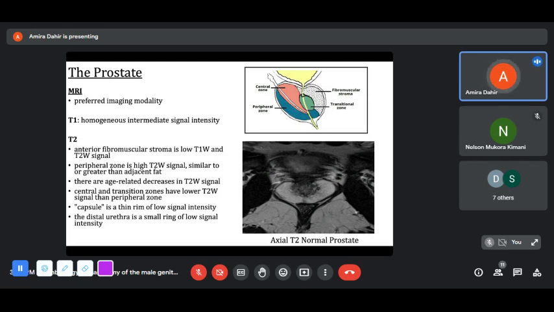The central and transitional zones have lower T2 weighted signal than the peripheral zone. The capsule in T2 weighted appears as a thin rim of low signal intensity. And you can visualize the distal urethra, which is a small ring of low intensity in the MRI.